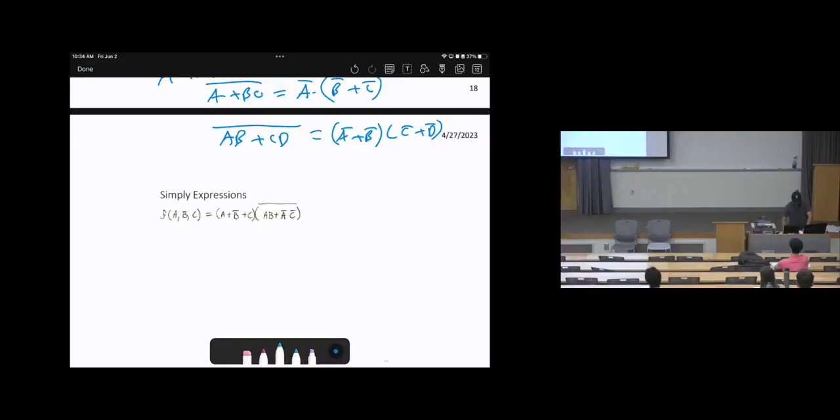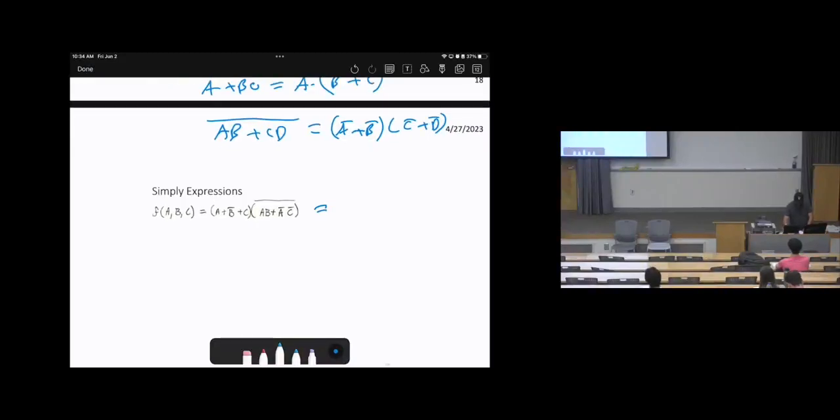Okay, so let's prove that this expression equals A B bar plus A bar C. How can we prove this? We need to show that this expression equals this. Now, let's try, look here, there is a bar.